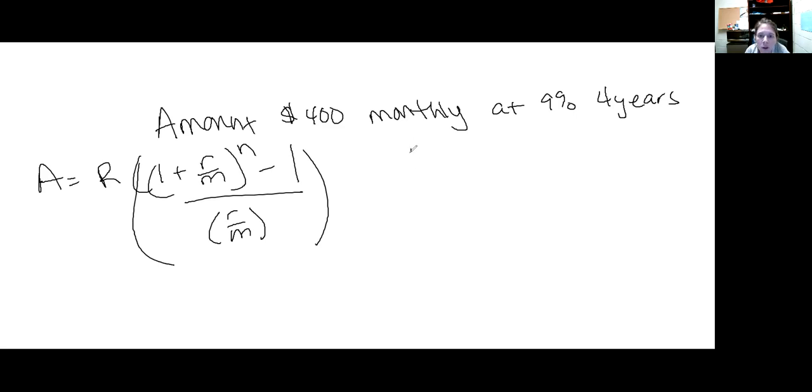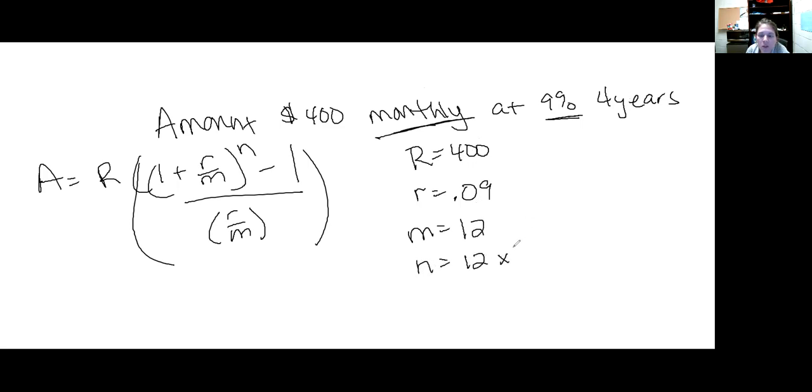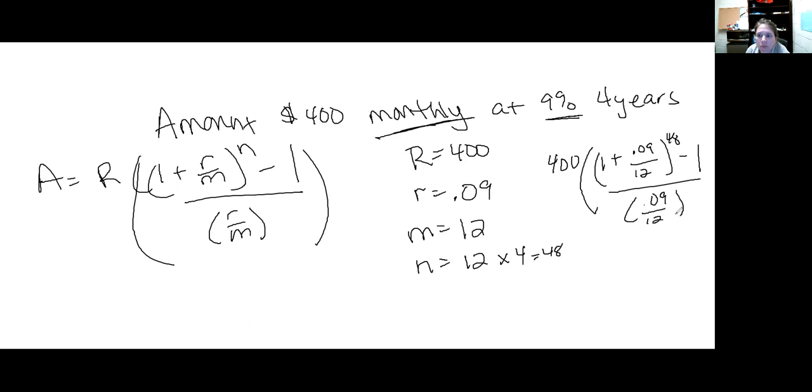So what is our R here? Our R is 400. Our little r is our rate, which is going to be 0.09. Our M here is monthly again, so that's going to be 12. And then N is 12 times 4 years. So I'm going to fill it in: 400, 1 plus 0.09 over 12, raised to the 48th power, minus 1, all divided by 0.09 divided by 12, okay?